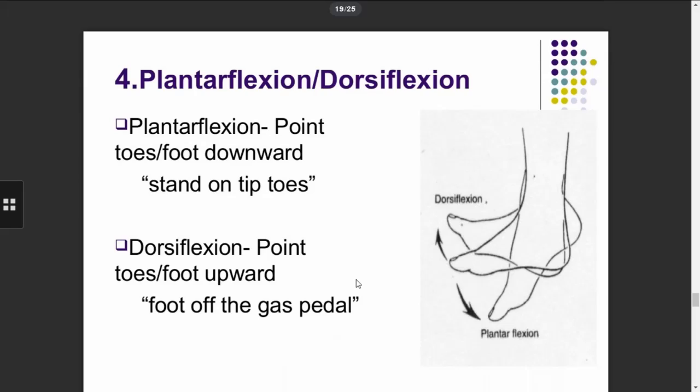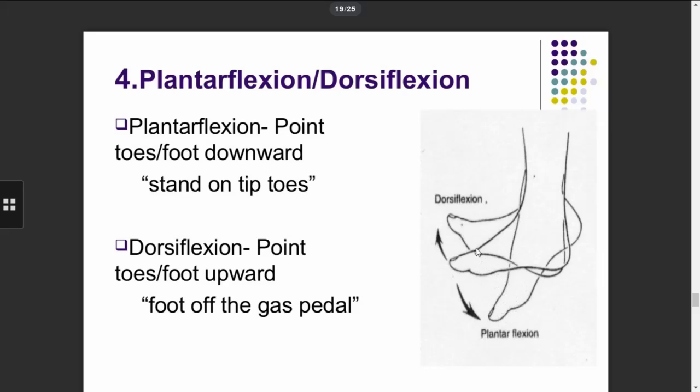Plantar flexion and dorsiflexion, we will differentiate between the two. Plantar flexion, the toes point downward, like this one. If we flex toward the downward position, we will call it plantar flexion.